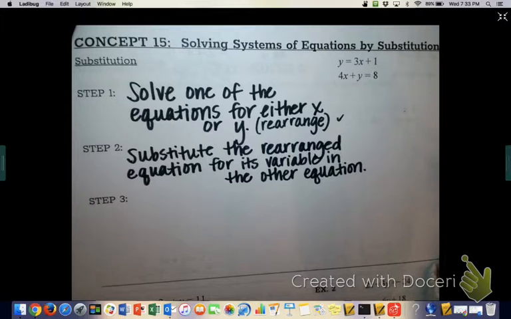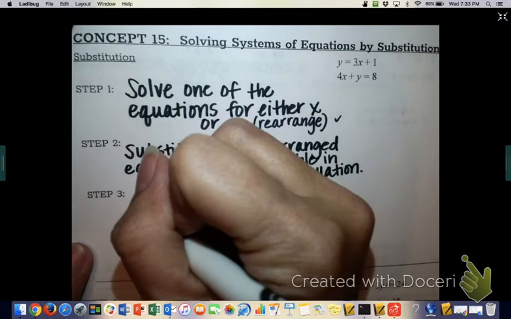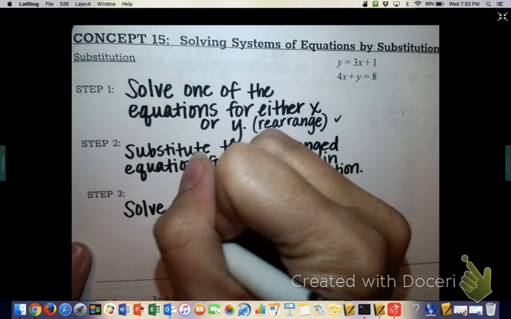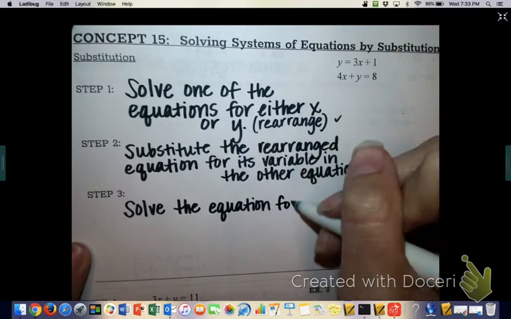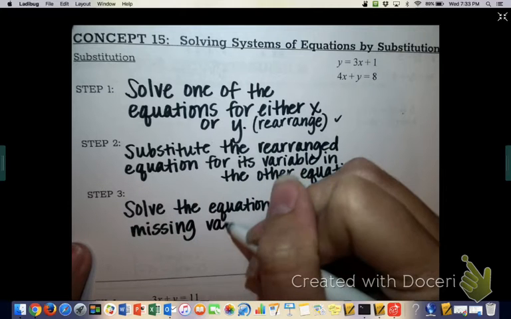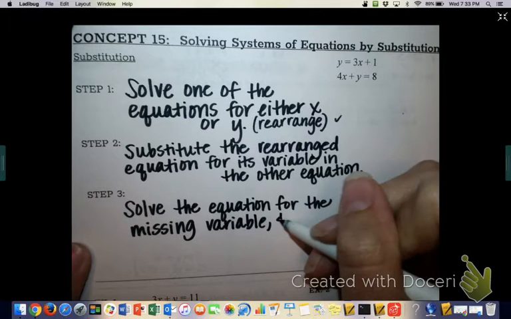The third step is to solve the equation for the missing variable, and then something else. Hold on. Solve the equation for the missing variable and then, that's supposed to be an and.